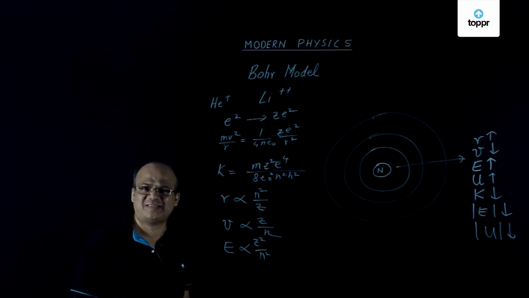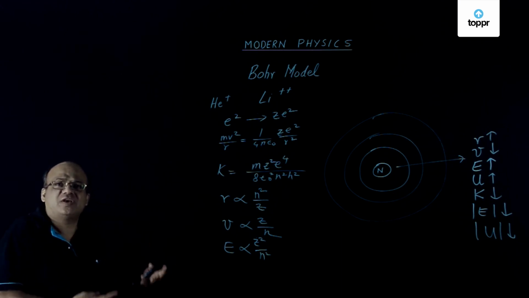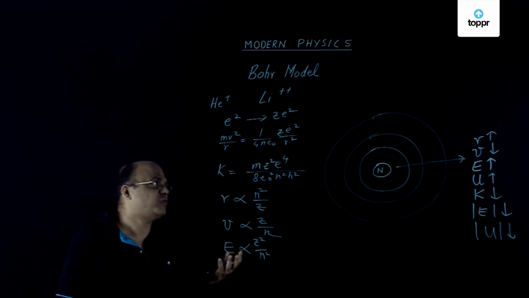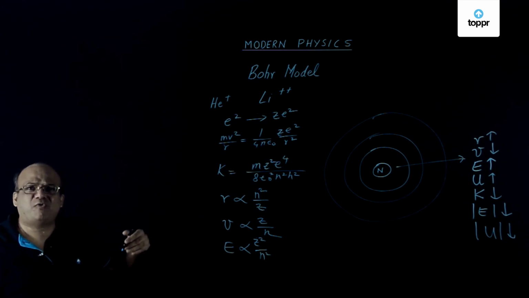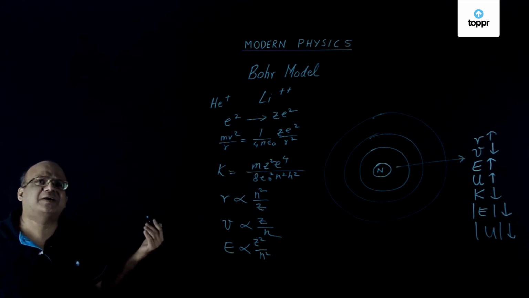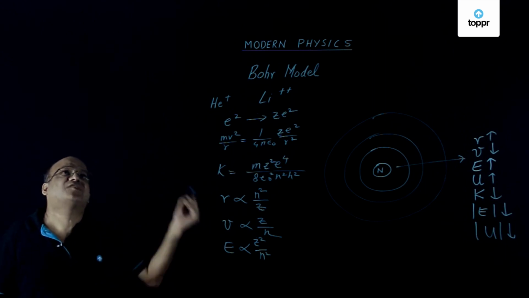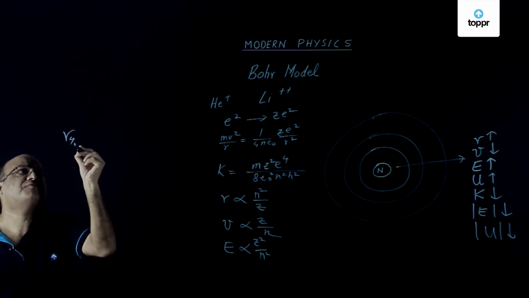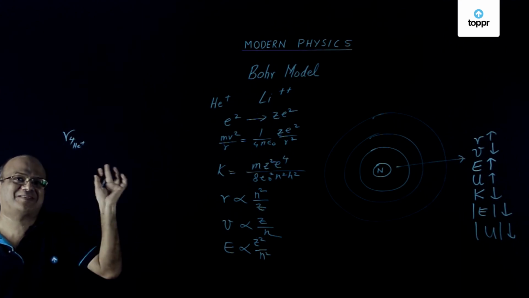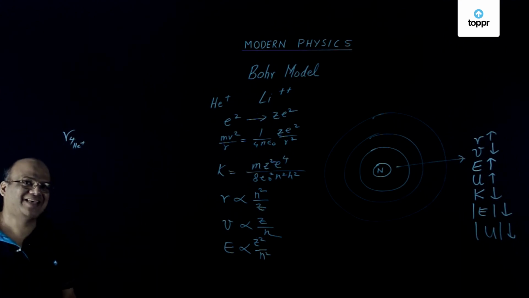Suppose someone tells us, using known values for the hydrogen atom, calculate the radius of the 4th orbit of helium plus plus. So you want to calculate the radius of the 4th orbit of He plus, not plus plus, because helium with a single electron is He plus.